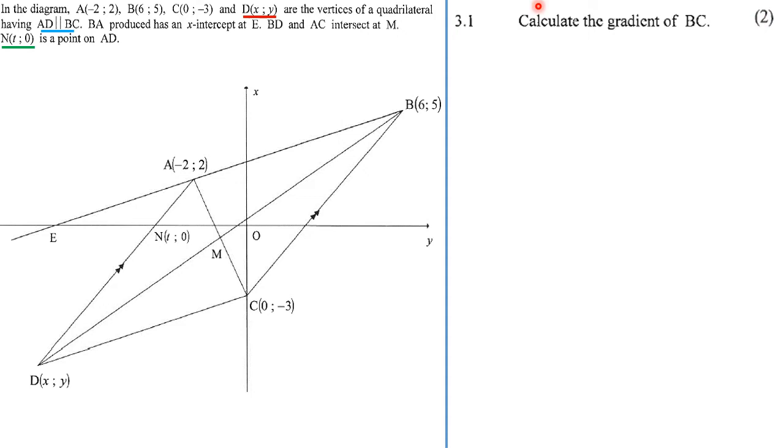Now, there are 5 steps that I tell my students about in analytical geometry. 1, you label your coordinates. After labeling the coordinates, you choose the correct formula out of the gradient formula, distance formula, midpoint formula, equation of perpendicular lines relative to gradients, equation of parallel lines relative to gradients, and so on.